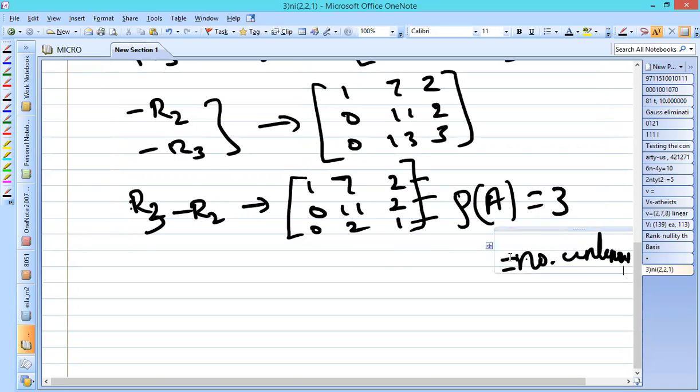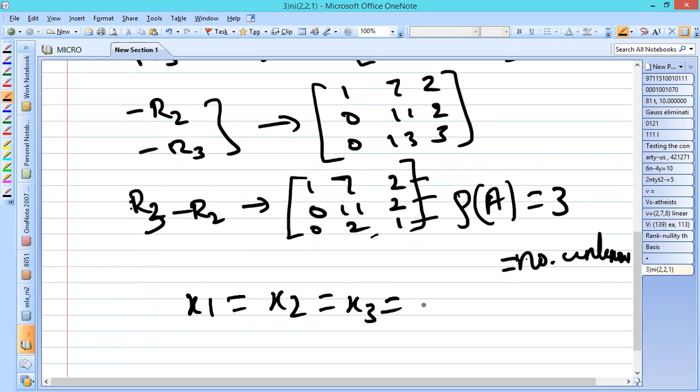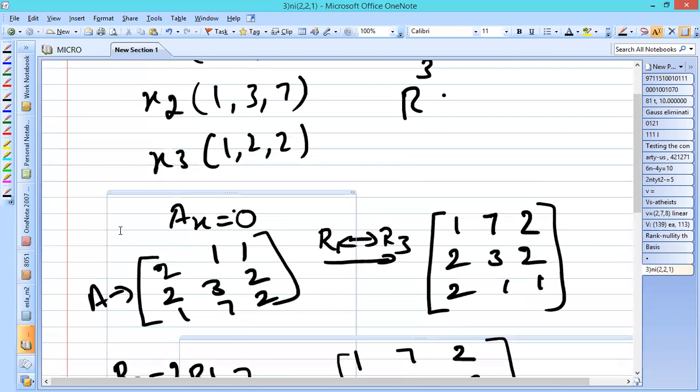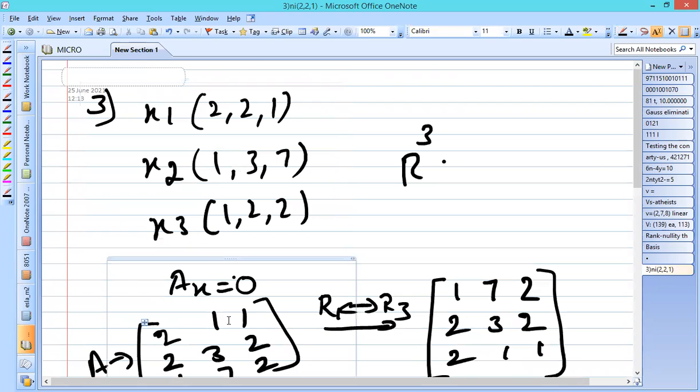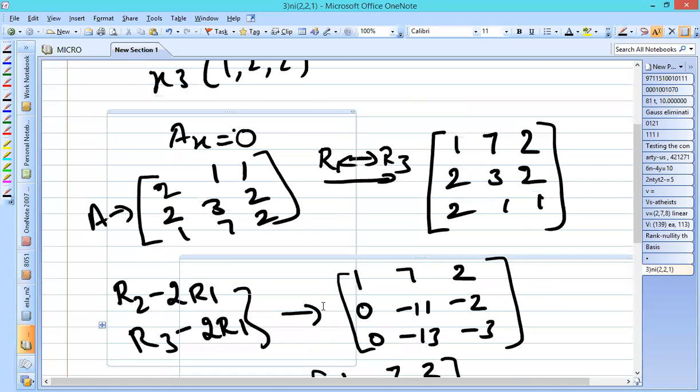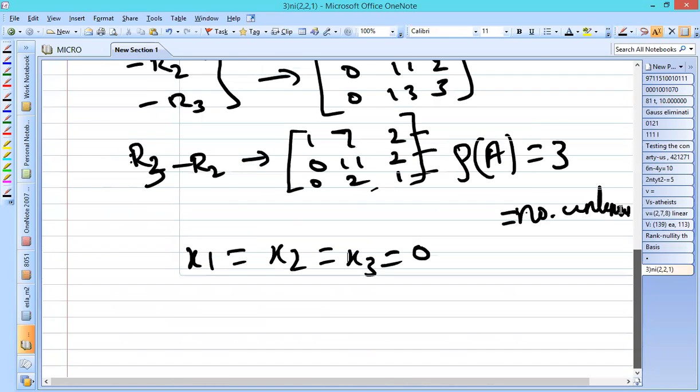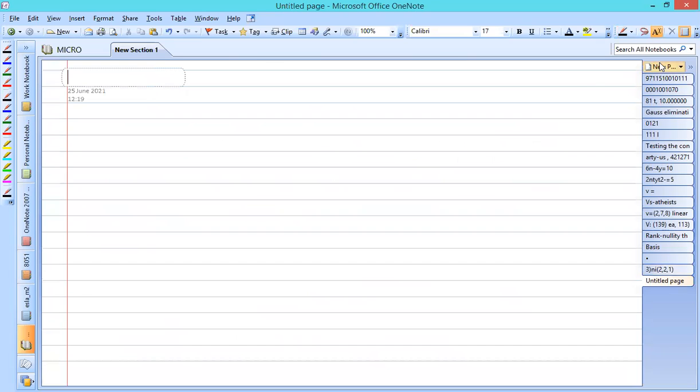The solution is unique because the rank of this matrix is the same as the number of unknowns. The unique solution is x1, x2, x3 all equal to 0. Since we started with the equation AX equal to 0, the result is the unique zero solution, which you can work out.